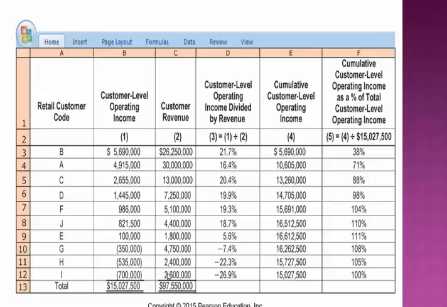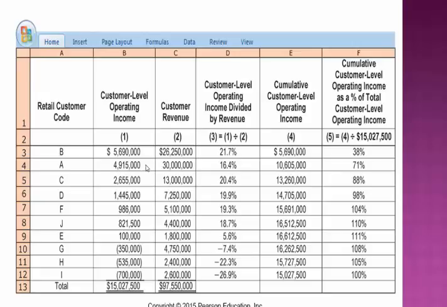We then have here in column 2 the customer revenues. So this is their dollar amount of revenues, after discount. And we can then say what is our operating income as a percentage of revenues. Take the operating income for customer B and divide it by customer revenues for customer B. And it says for every dollar in revenues, we generate 21.7%.